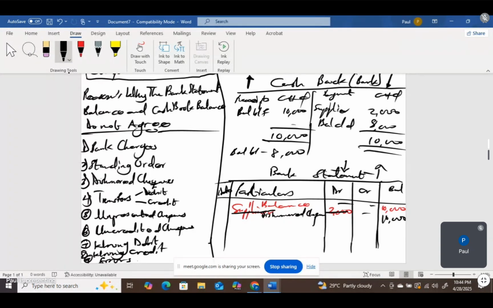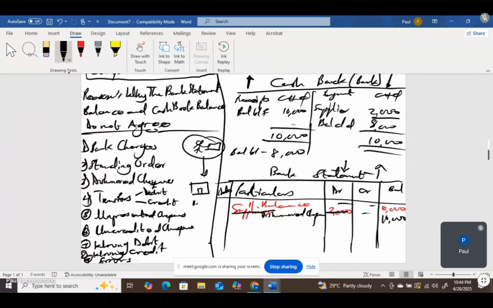Such checks, the very moment you write them to the suppliers, you credit your cash book. You write it like the way I've written supplier 2,000. So you've written it to the supplier, but the supplier is still in possession of the check. The check has not reached the bank.